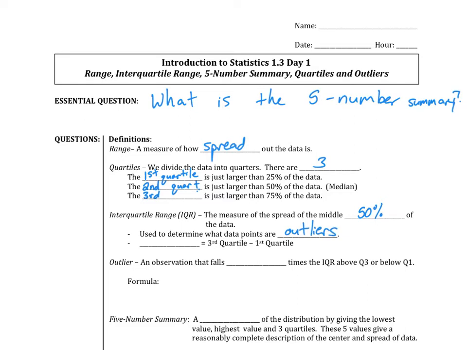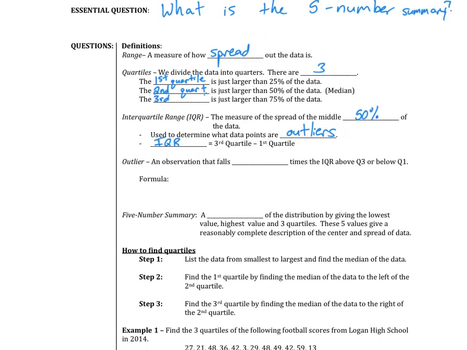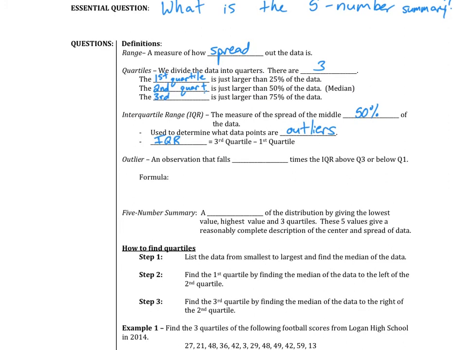It might have been a while, but we're going to review it today. Right, and then the IQR, or the interquartile range, is the third quartile minus the first quartile. An outlier is 1.5 times the IQR above the third quartile or below the first quartile.